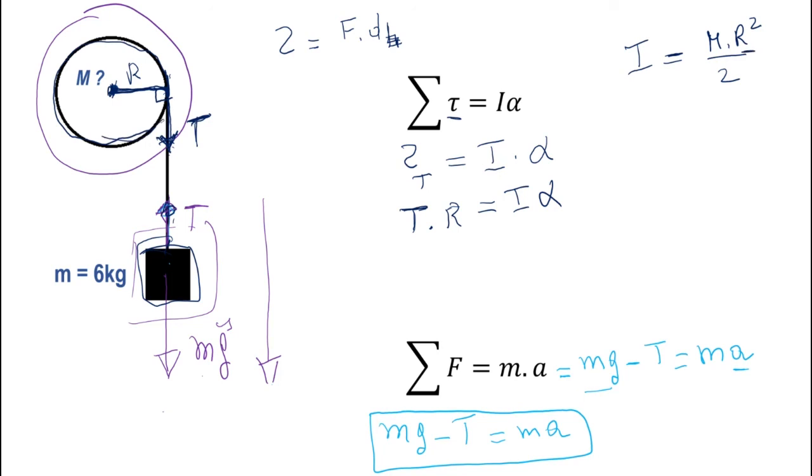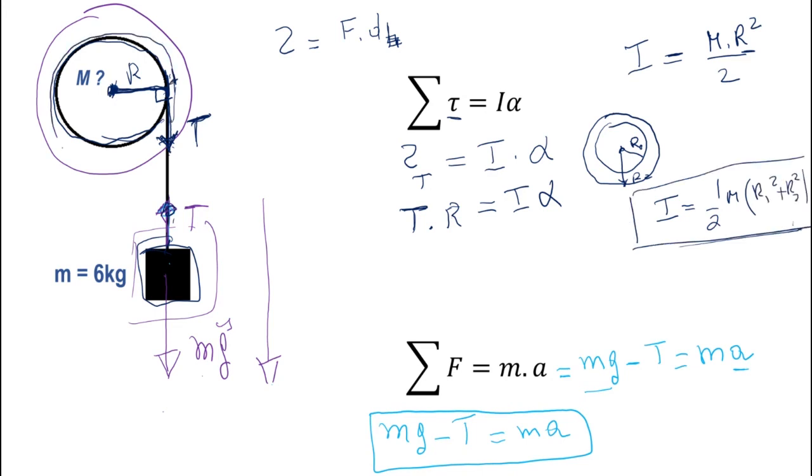Let's say the shell looks like that, and I call this one r1 and this one r2. The moment of inertia of a thick cylindrical shell would be 1/2 times the mass times r1 squared plus r2 squared. But for now, we have just one radius because it's not too thick.